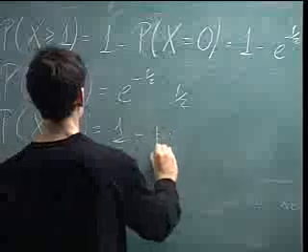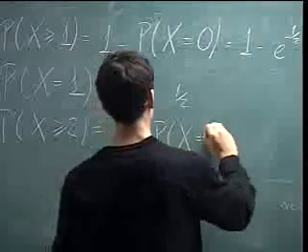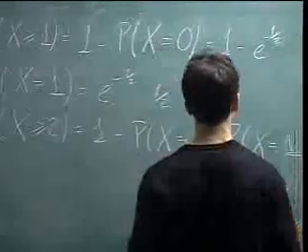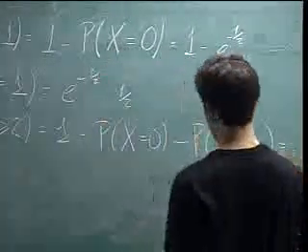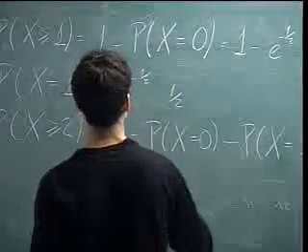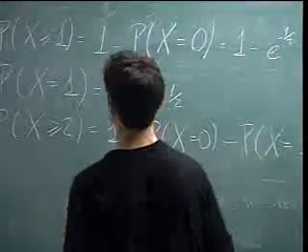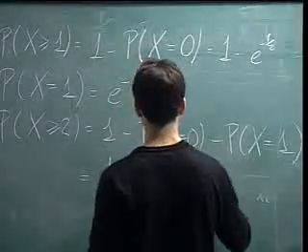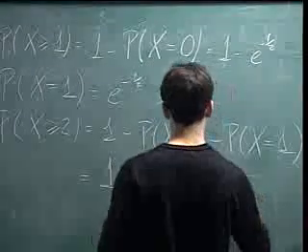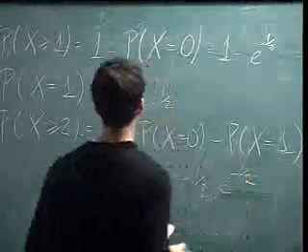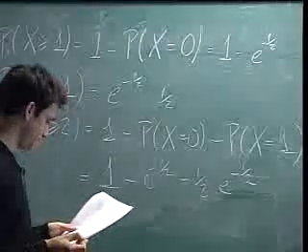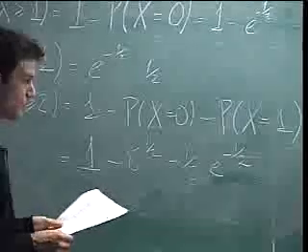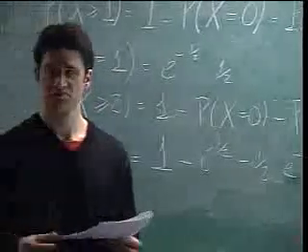Well, that's just 1 minus the probability that we win 0 times and the probability that we win 1 time, which is 1 minus e to the minus 1/2 minus 1/2 times e to the minus 1/2. So any questions? Pretty easy.